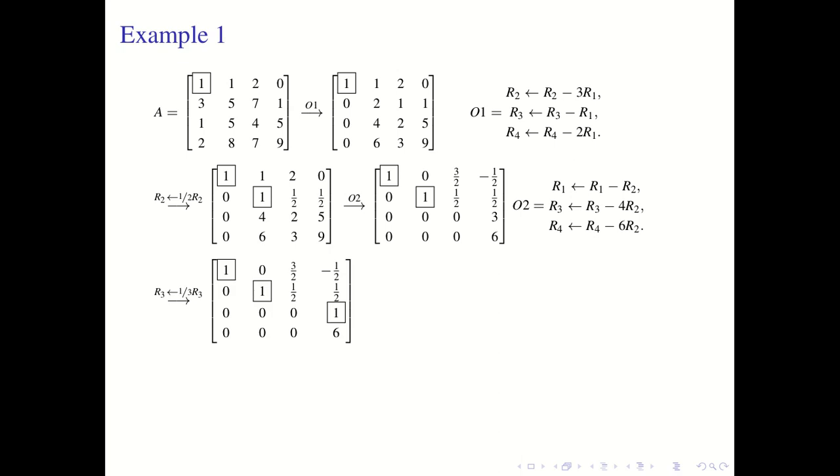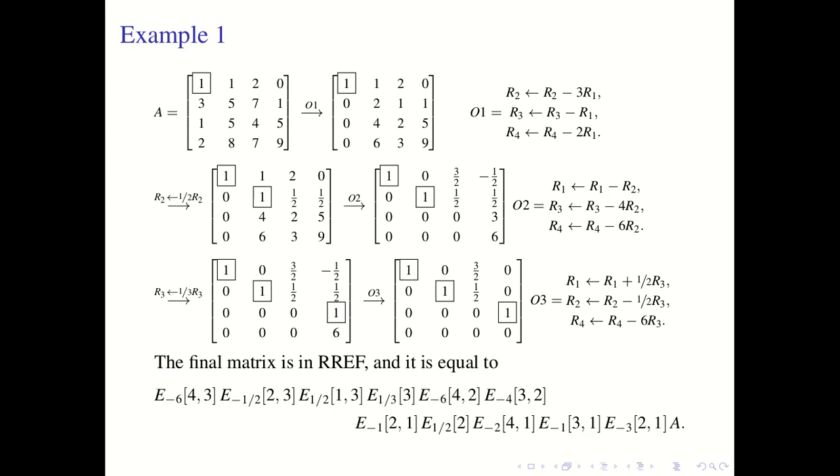So divide that row by 3. Now do the next set of elementary row operations to get all other entries in the pivotal column to be 0.